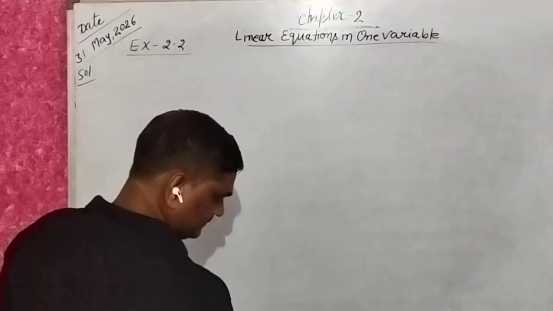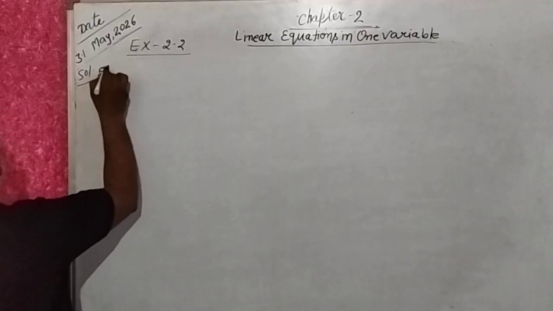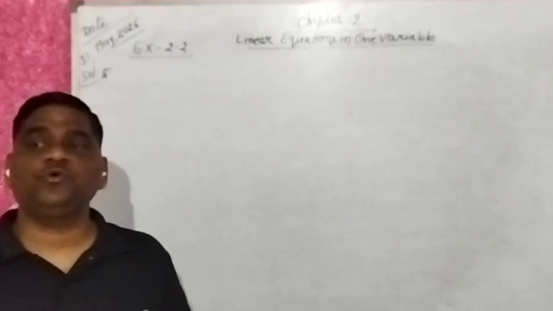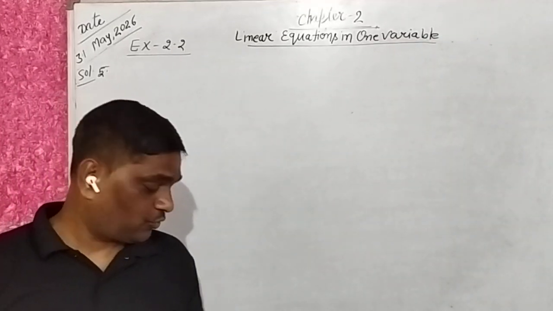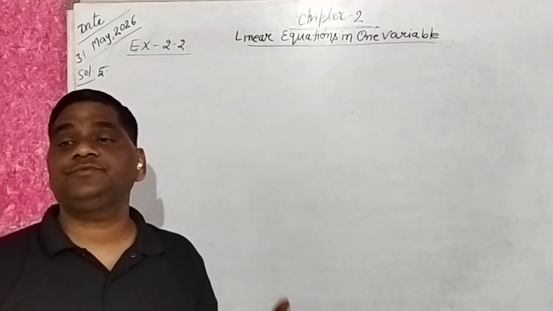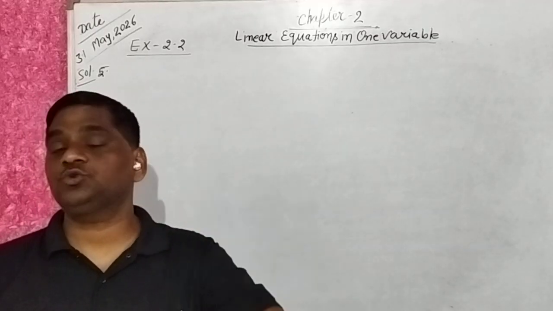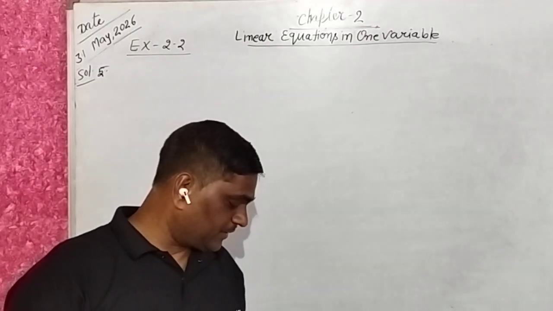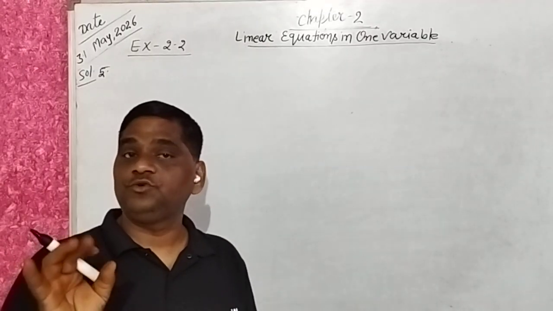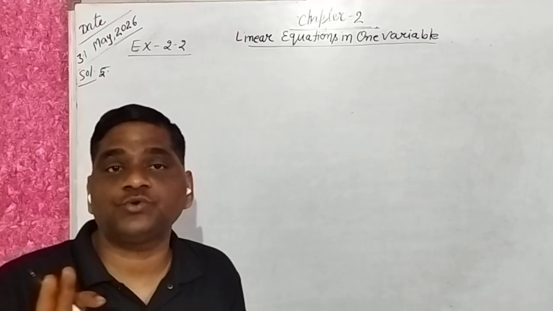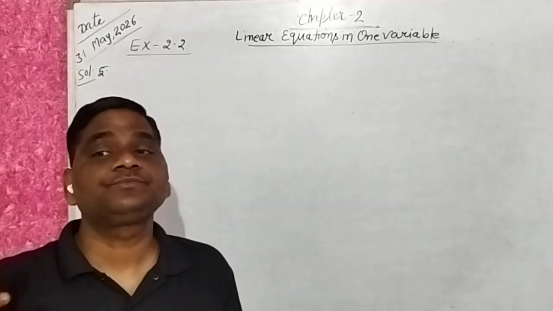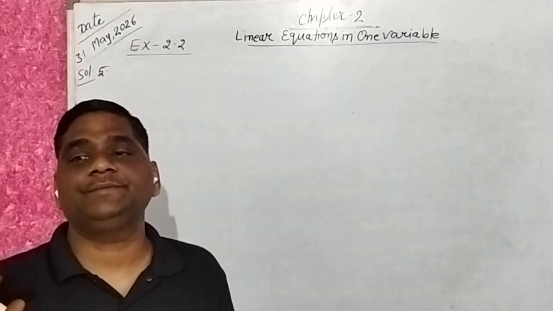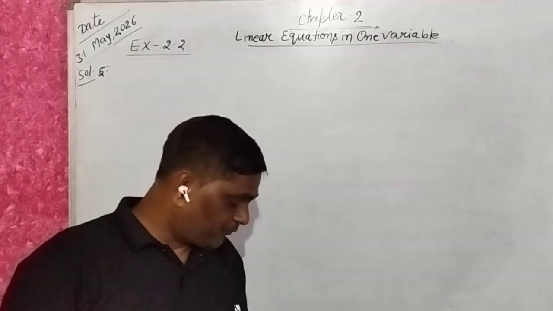Question number 5. Two numbers are in the ratio 5 to 3 and their difference is 18. What are the numbers?